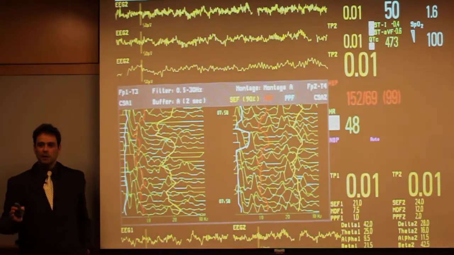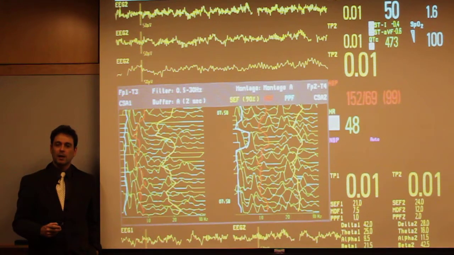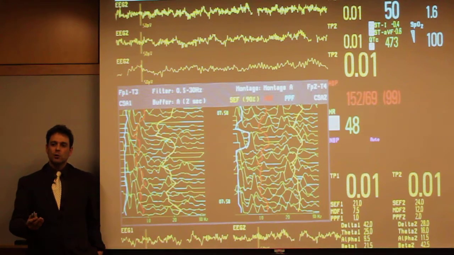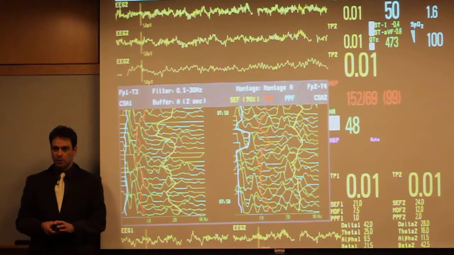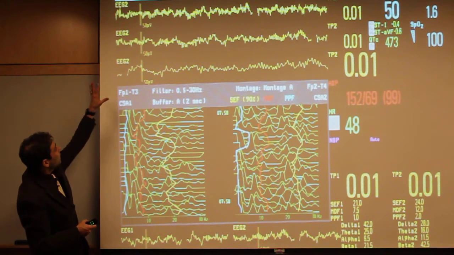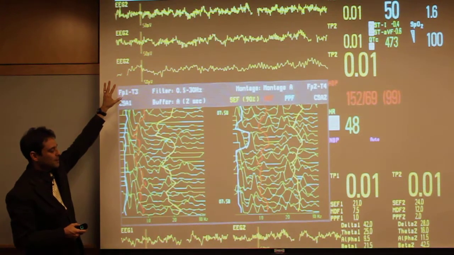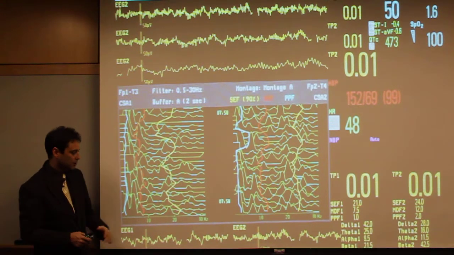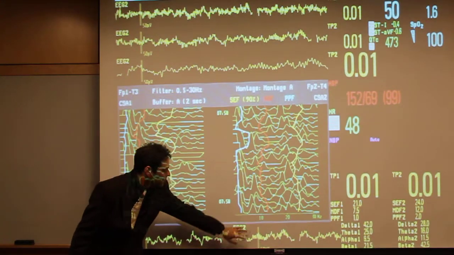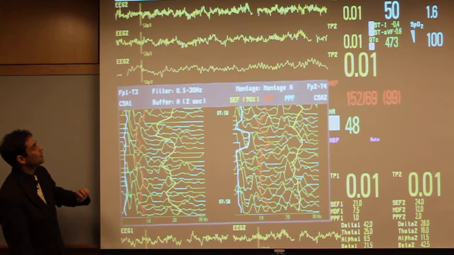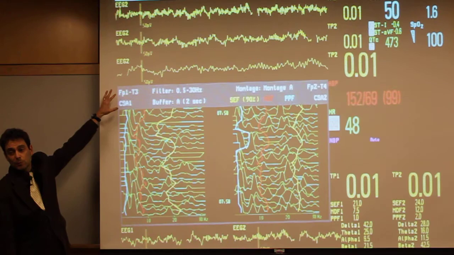I'm now going to take you briefly through this clip from the operating room, which shows a transition from wakefulness to general anesthesia. There are 3 waveforms at the top, and all of them are from a right-sided frontal montage. This is a right-sided frontal montage, this is a left-sided frontal montage, and there are 3 sweep speeds.